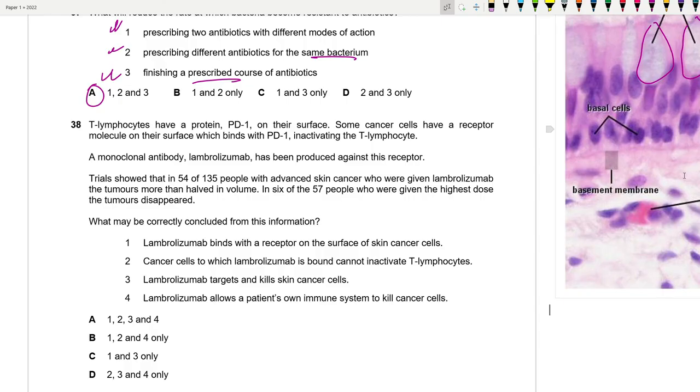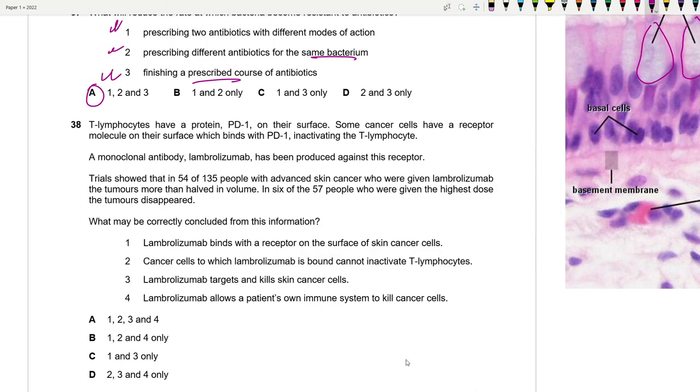Some cancer cells have a receptor molecule on their surface which binds with PD-1, inactivating the T lymphocyte. A monoclonal antibody is lambrolizumab. Lambrolizumab or iambrolizumab. Looks like it's an I basically. Iambrolizumab has been produced against this receptor.